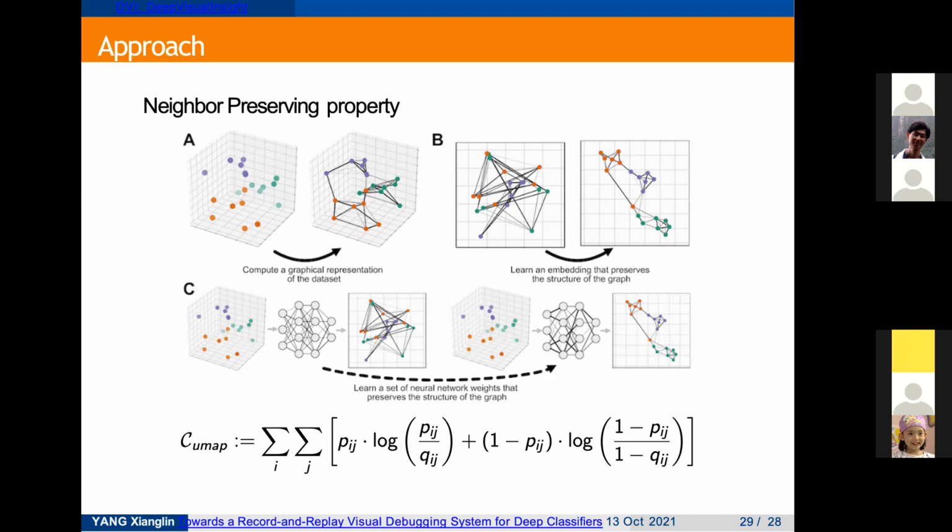And in our approach, we have an encoder and decoder to do that part. So first we will construct the graph accordingly and get the similarity between any 2 points i and j, and later use their cost function as our loss function to preserve the structure. That's how we achieve the neighbor preserving property.